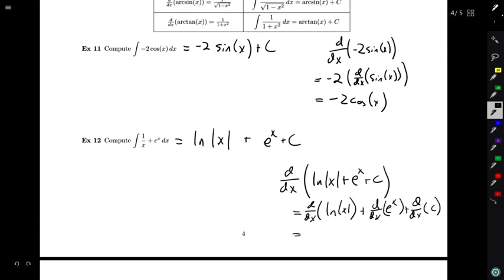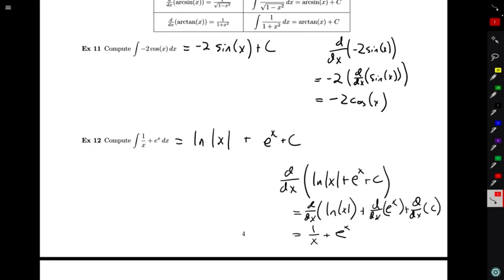And the derivative of natural log of x is my 1 over x. Derivative of e to the x is e to the x. And the derivative of the constant is 0. So I find that the derivative of this function, natural log of absolute value x plus e to the x plus c, is the integrand that I'm looking for, that 1 over x plus e to the x.